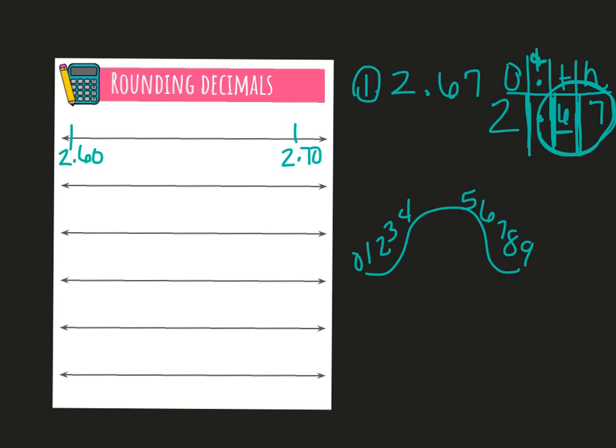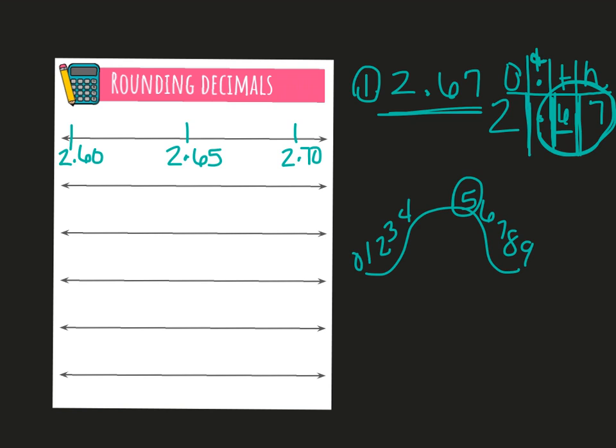The deciding factor is always 5. So I like to say that that would be our halfway point. Between 2 and 60 and 2 and 70 hundredths, the halfway point would be 2 and 65.